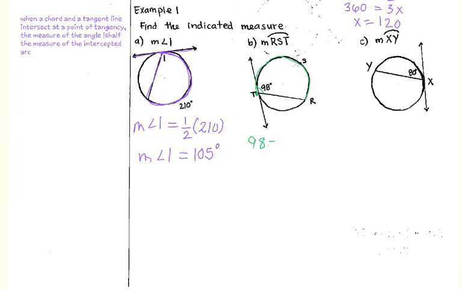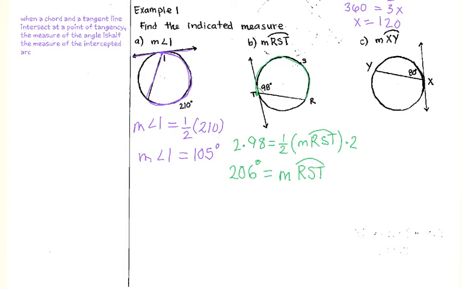That angle equals 1/2 the measure of the intercepted arc, measure of arc RST, which is what we are trying to find. So to solve for the measure of the arc RST, we will multiply both sides by 2, and we will have the measure of arc RST is equal to 206 degrees.